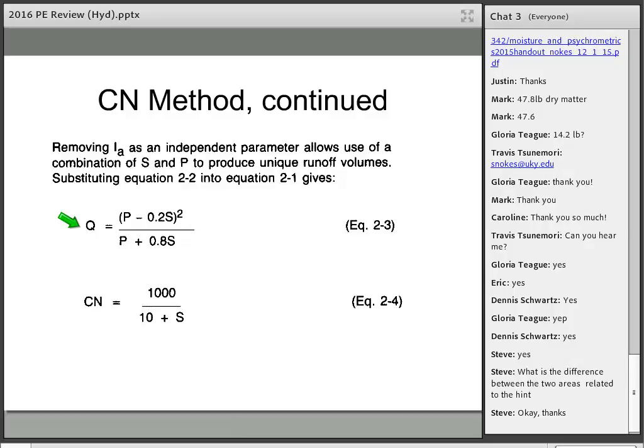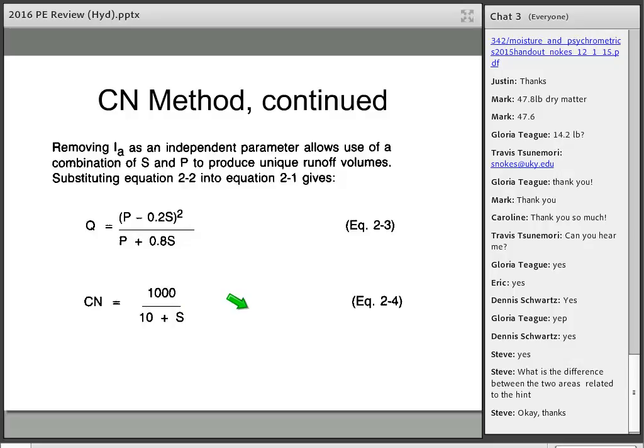I wish they hadn't done it, but they did it and it's stuck, so that's the way it is. They define curve number as a parameter that takes into account this initial abstraction parameter, the maximum retention storage. And if you look at this parameter of curve number, as the retention storage goes to 0, this S, curve number goes to 100.